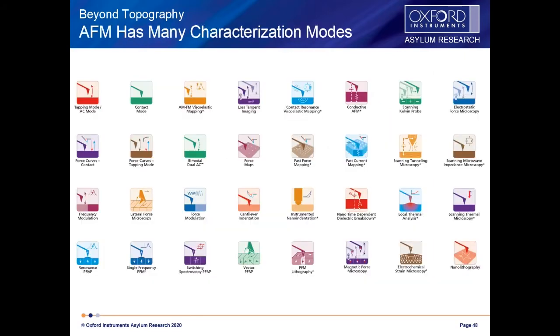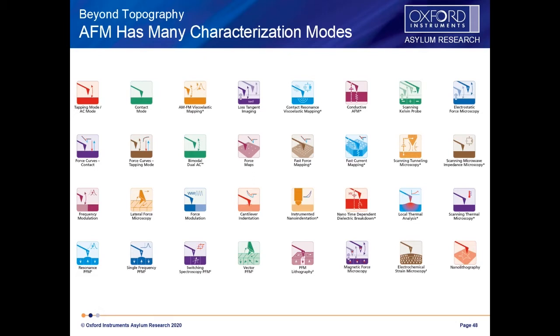Now, we won't have time today to go through every single AFM mode. I would encourage you to talk to the new owners of the AFM at UT Dallas Cleanroom facility and ask them what are the different modes available on the instrument. And you will find that a lot of these modes are super interesting for different types of research.